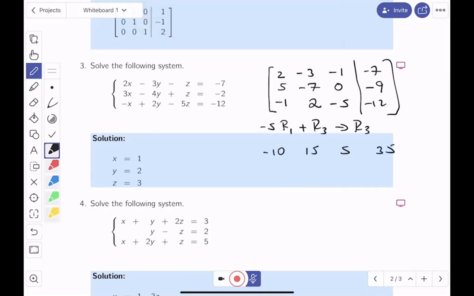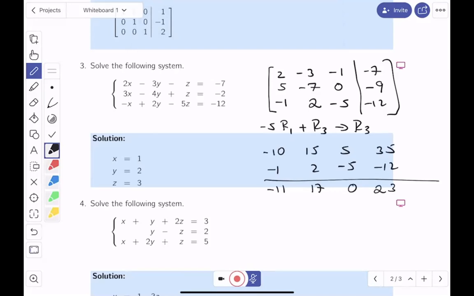I'm just doing -5 times row 1: -10, 15, 5, and 35. Row 3 is -1, 2, -5, -12. So -11, 17, 0. And what would that give you? Let's see, 3, 23, right?